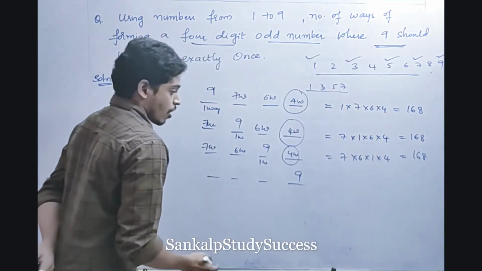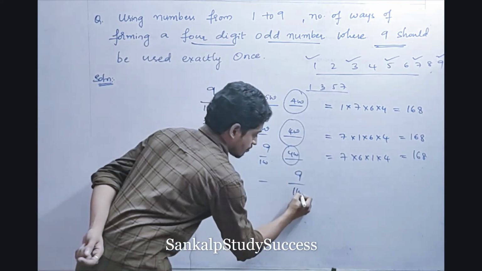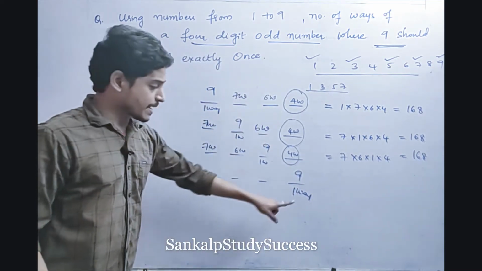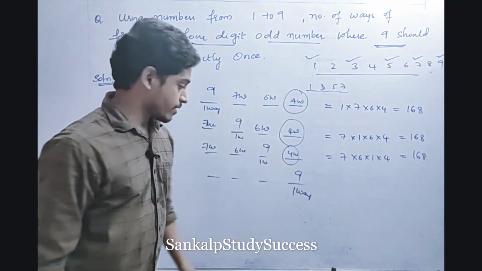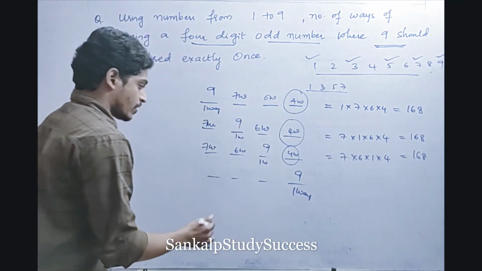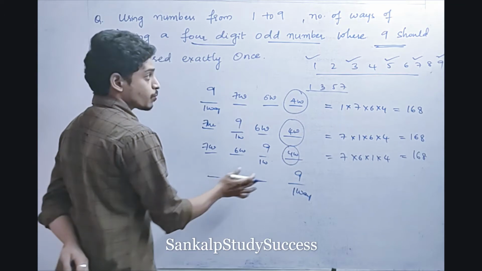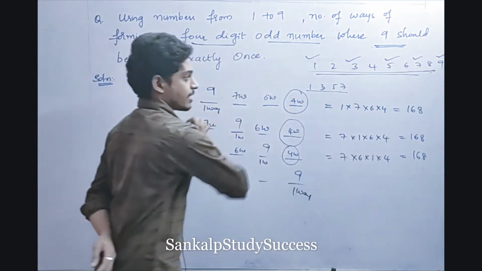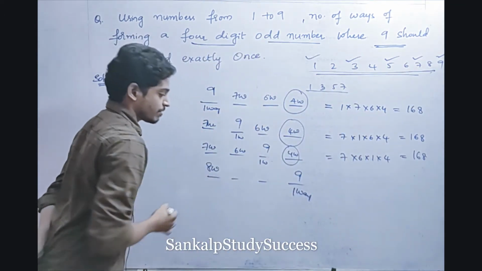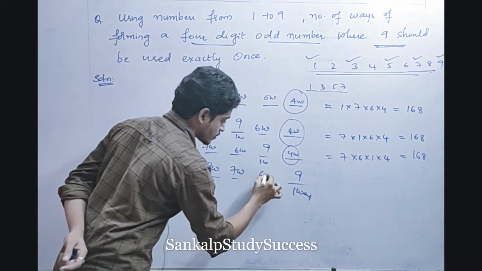Here now in this position, 1 way, that's all. 9 is placed here in 1 way, so it is an odd number only when 9 is placed in the units place. Fine. Now how many ways can this be arranged? 1 digit is filled, so 8 numbers are there. Now 8 ways it can be filled, 7 ways now it can be filled, 6 ways it can be filled.